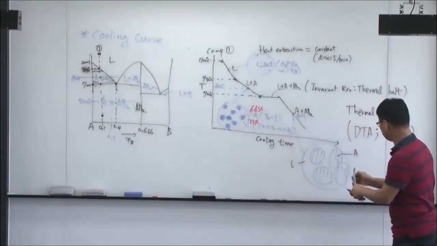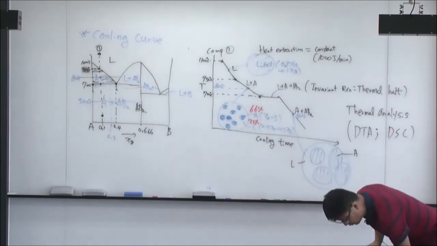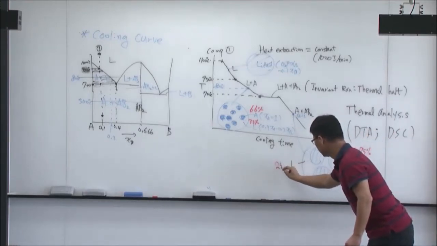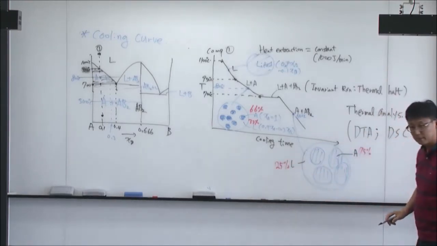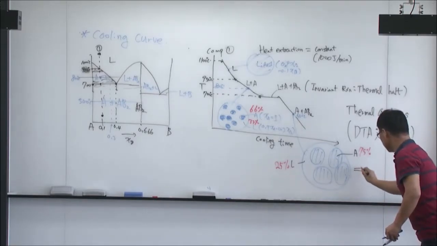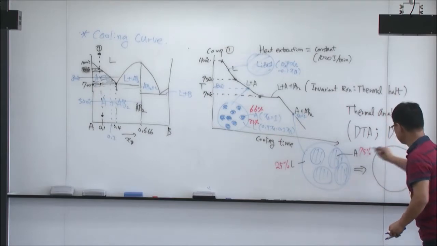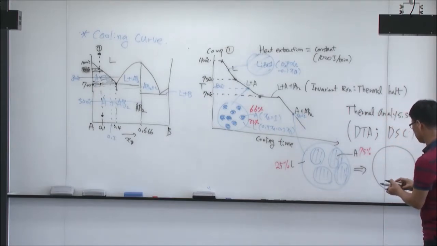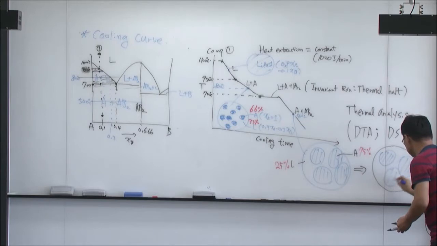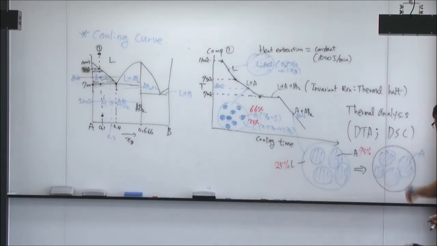A was 75%. So this was 75%, and this was 25% here. Okay? And then this is now changing in this way. So this was A, which corresponds to 75%.